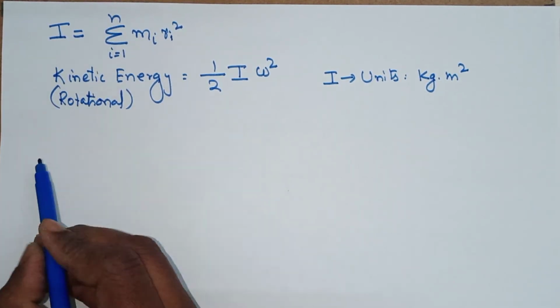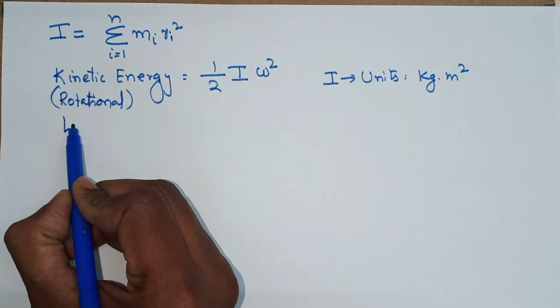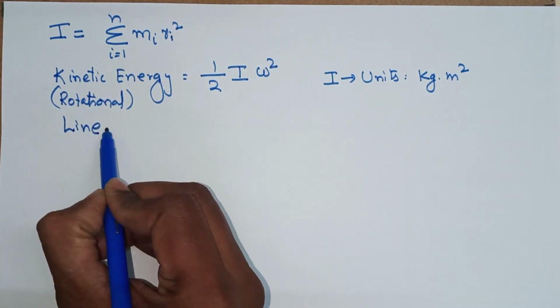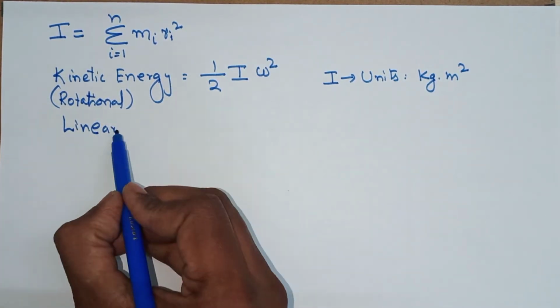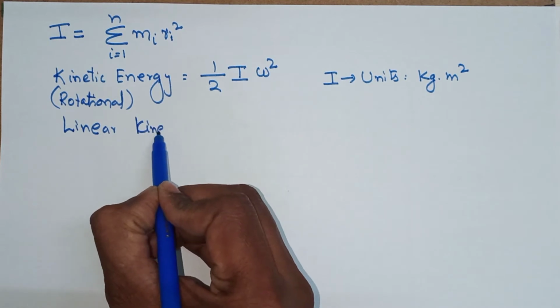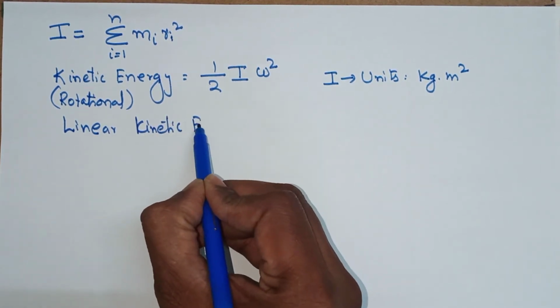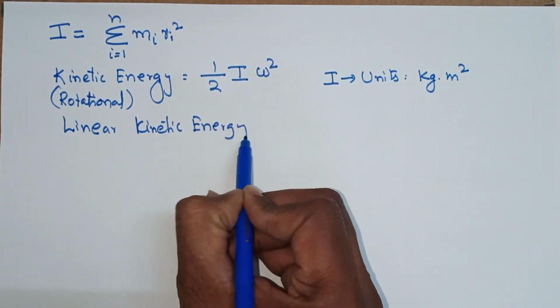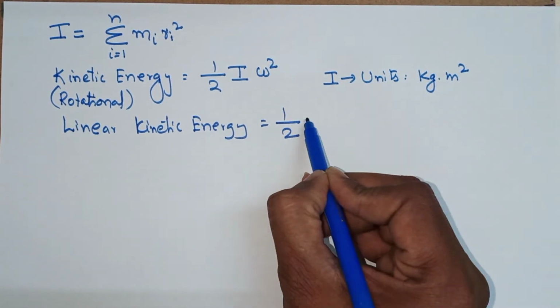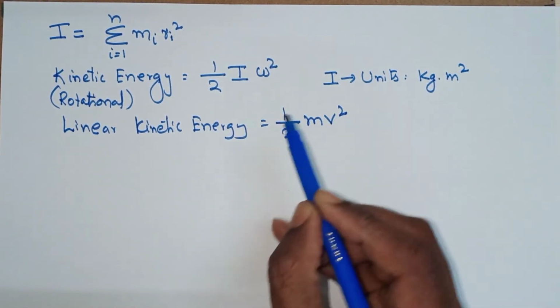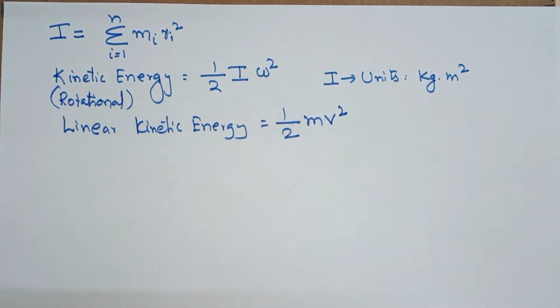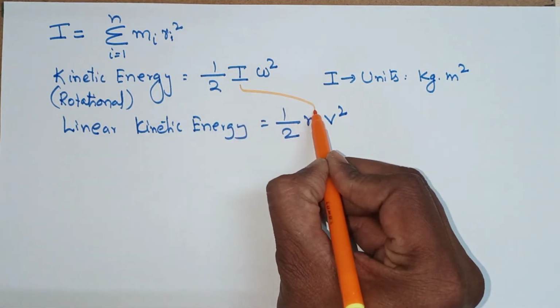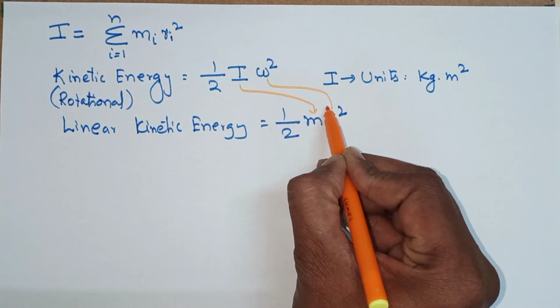This is rotational. Now how do we compare this? Linear kinetic energy is half m v square. See, simply you can compare I with m, and omega with v.